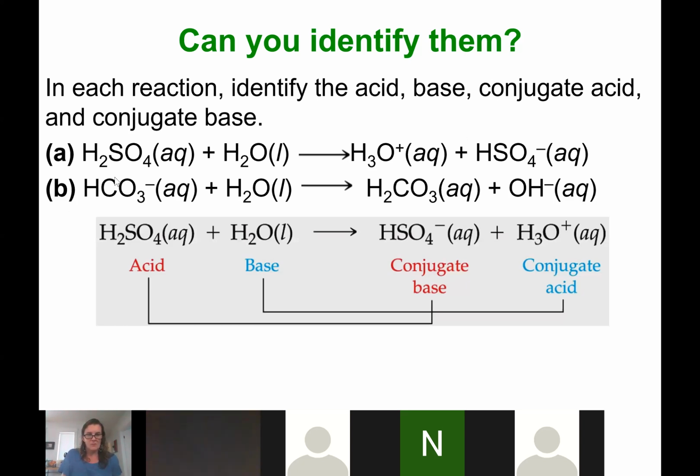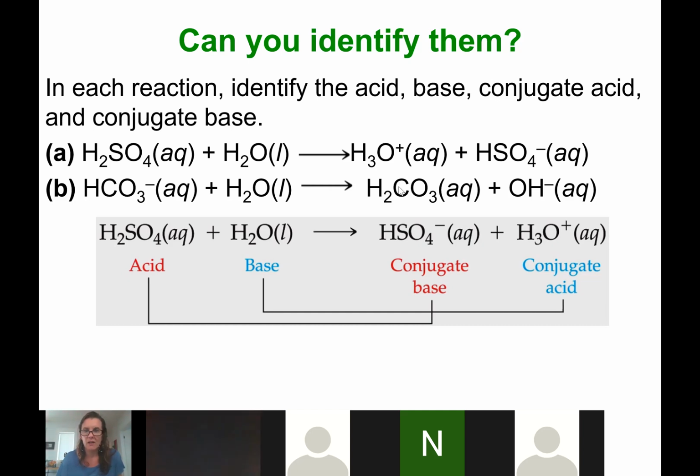In this reaction in B, I have bicarbonate and water, and I have H2CO3 and hydroxide. So again, I'm going to look at water last because it's amphoteric. Turns out this could actually be amphoteric too, but I usually look at water last. I look at my bicarbonate, and over here, this one has more H's, so this is the acid form.